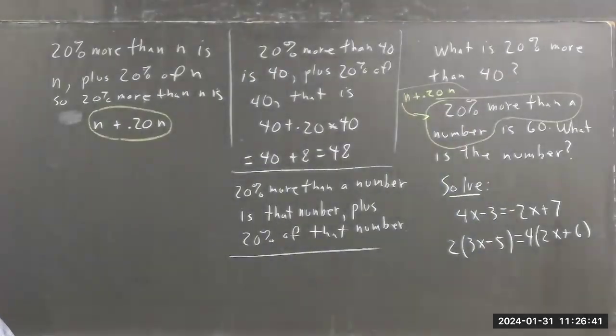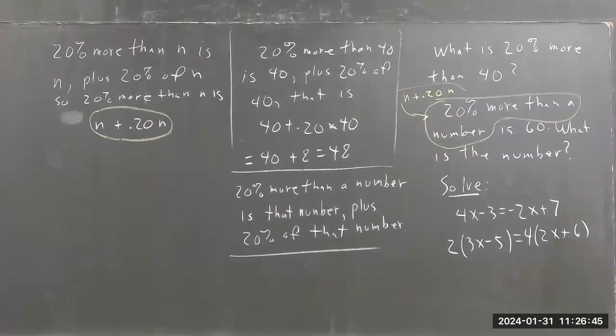Now, how do you do the rest of the statement? It says 20% more than a number is 60, right? How would you write that? Could you write that as an equation? Okay, very good. Everybody got it.